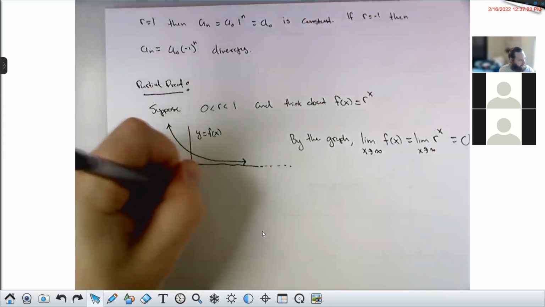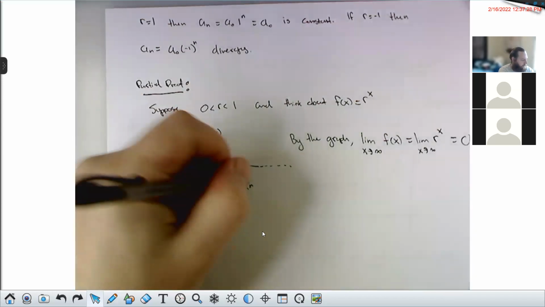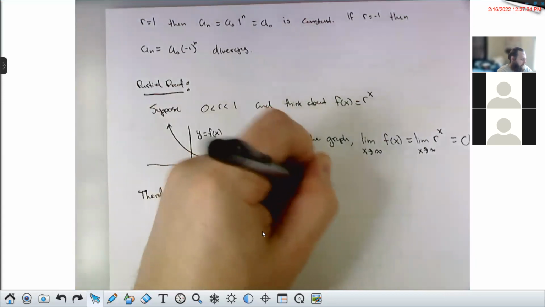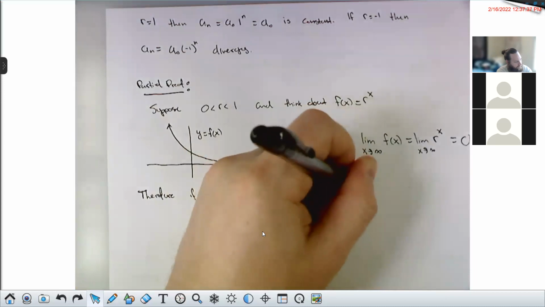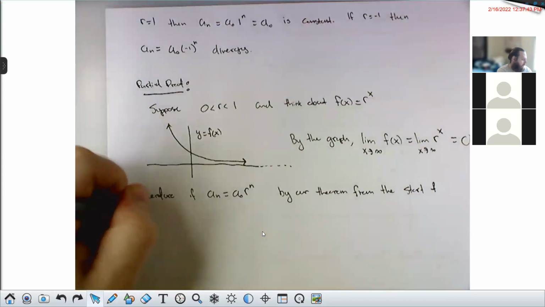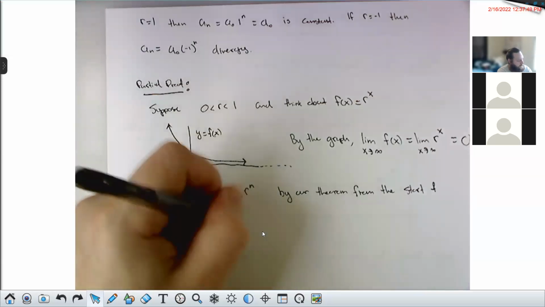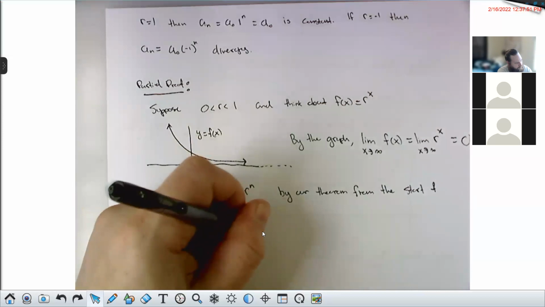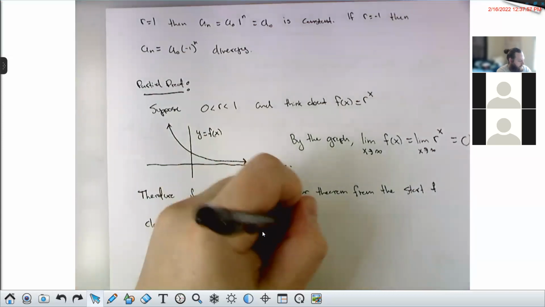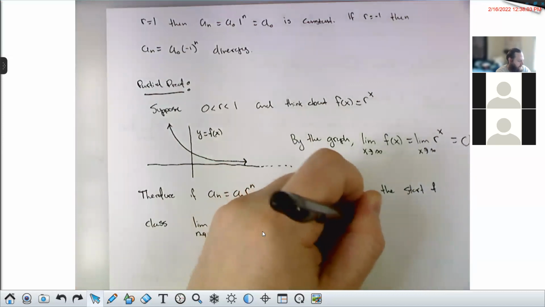Therefore, if a_n is a naught times r to the n, by our theorem from the start of class, the limit as n goes to infinity of a_n would be the limit as n goes to infinity of a naught times r to the n, which is a naught times the limit as n goes to infinity of r to the n on its own.